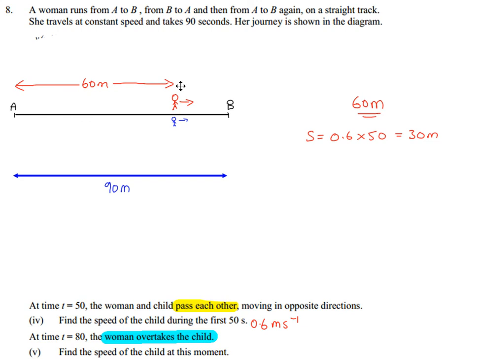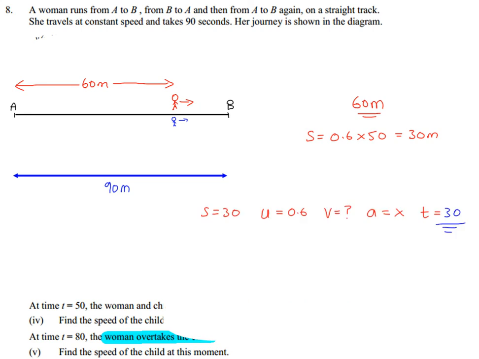We've been told that for the first 50 seconds there was constant velocity, so we need to treat that part of the motion separately from the part where the child is going increasingly faster, so where the child is accelerating. So in the first 50 seconds 30 meters is covered by the child, and then we now need to look at the remaining 30 meters the child has to still cover to get to 60 meters, but separately.